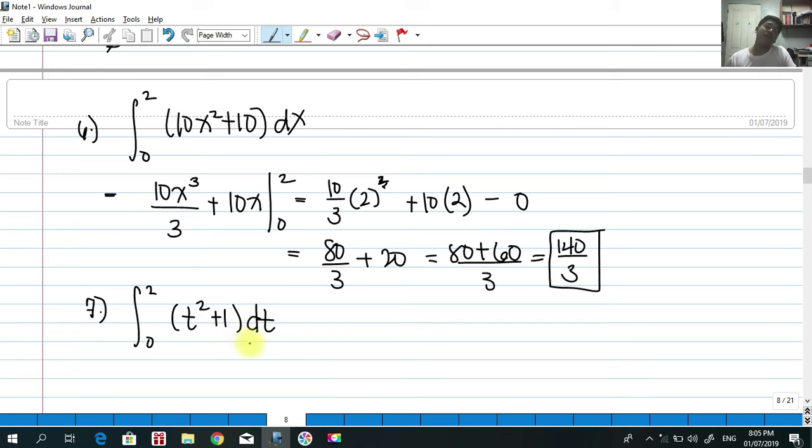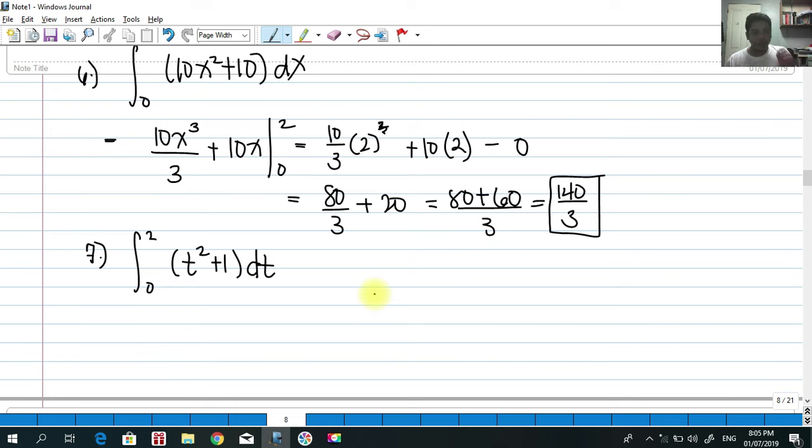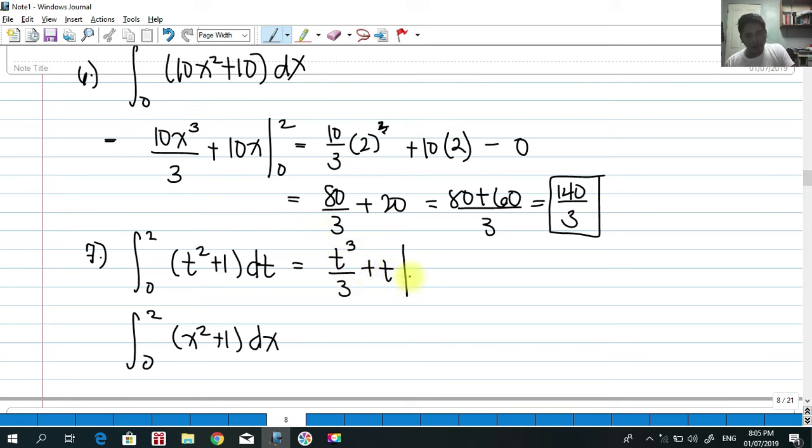In this case, we have used t as a variable. It makes no difference if we get the integral from 0 to 2 of x squared plus 1 dx. So let's try to solve. We have t cubed over 3 plus t evaluated from 0 to 2.